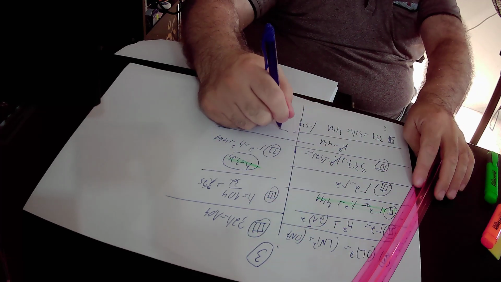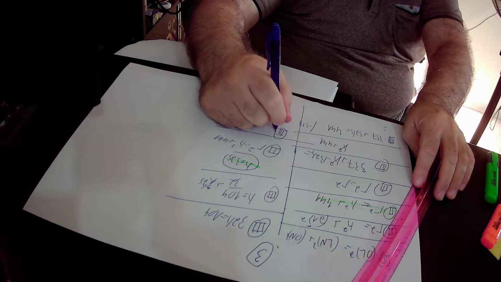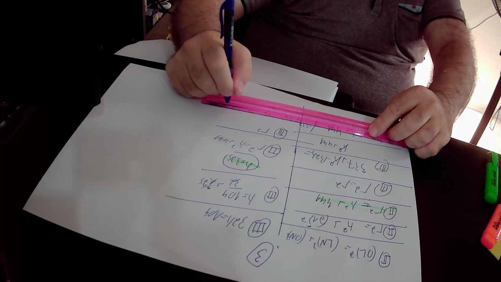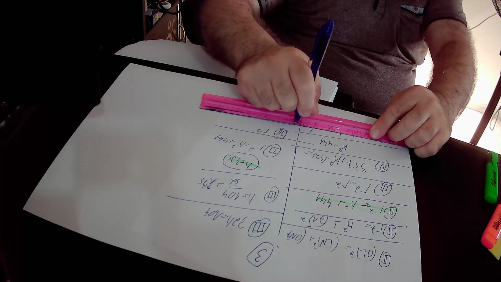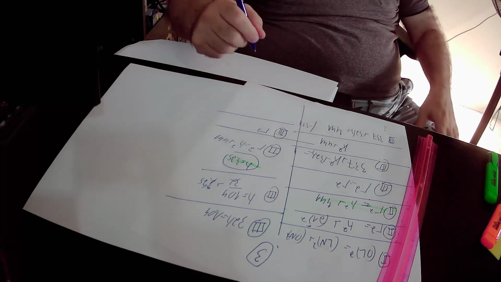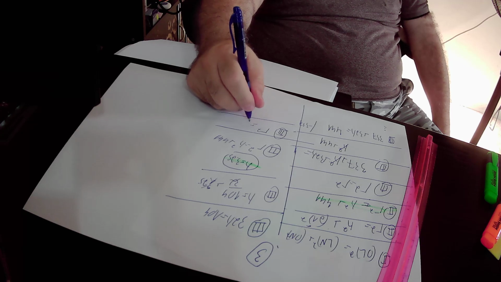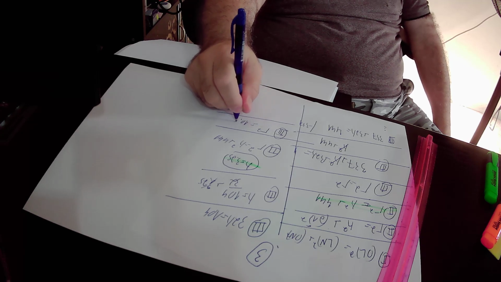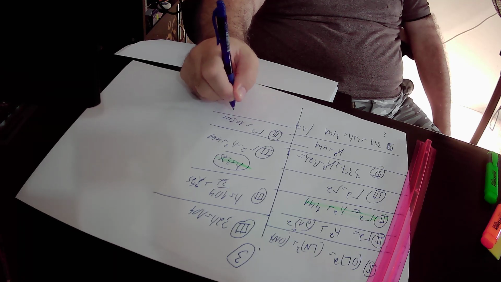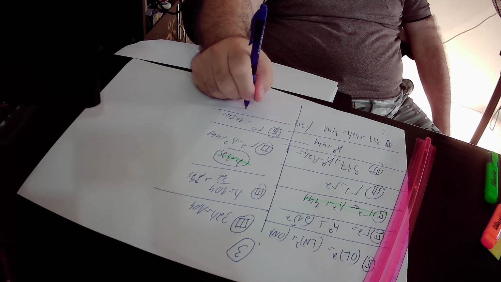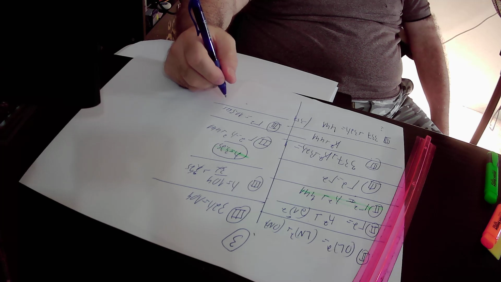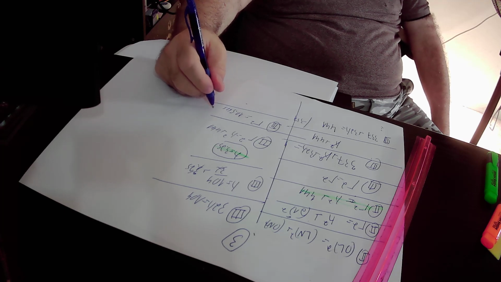So here R squared equals H squared. H equals 3.25, therefore H squared will be equal to 10.5625, plus 441.